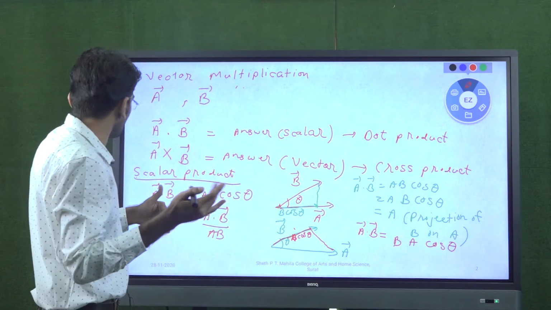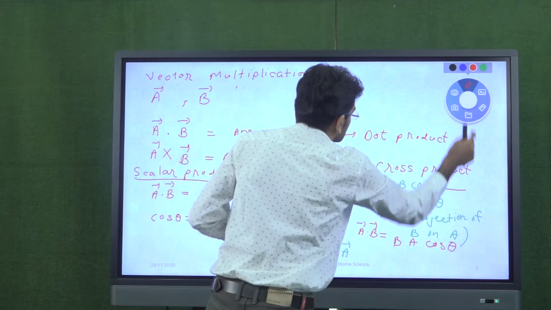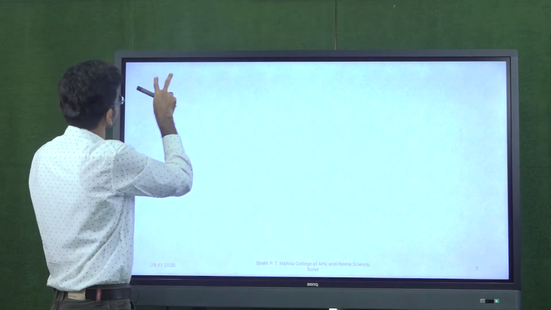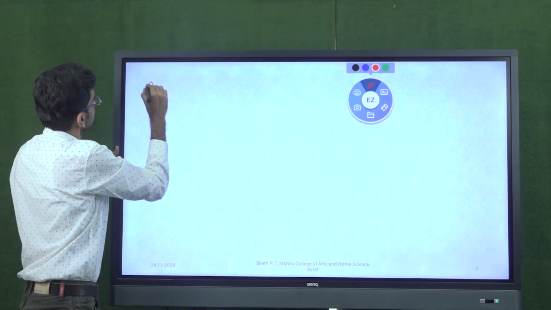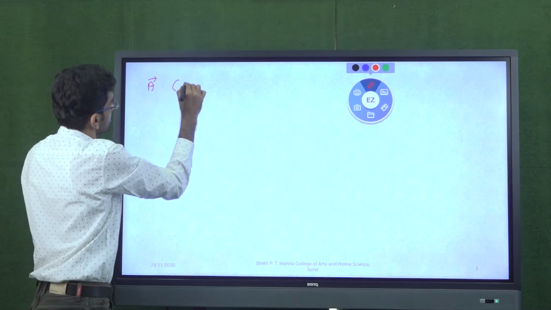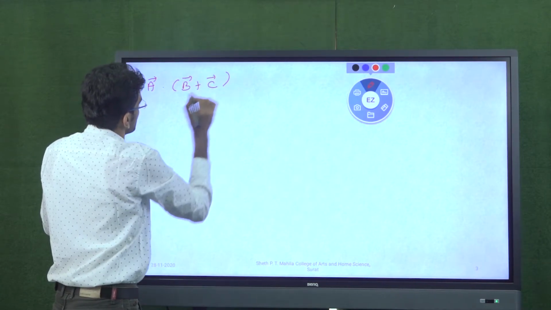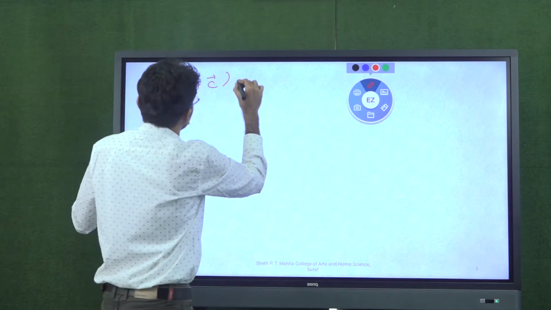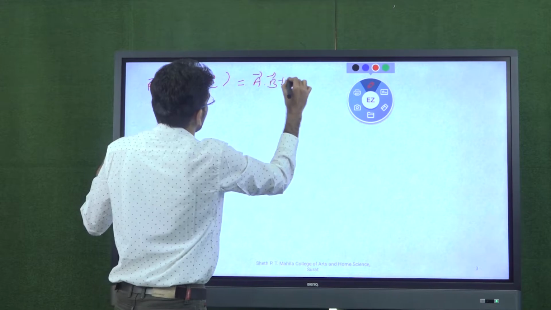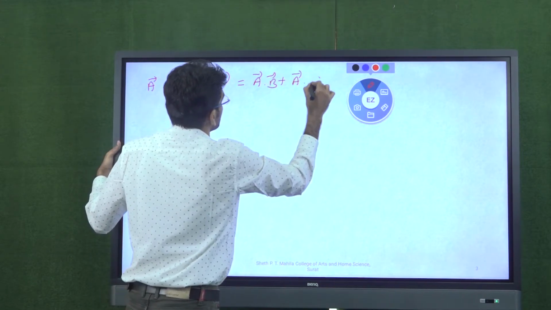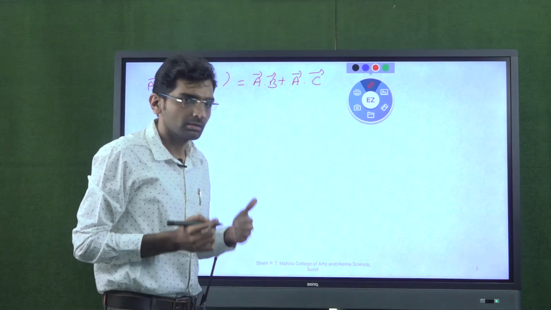Another property of your scalar product is A dot (B plus C). Then you will get A dot B plus A dot C, right? This is called the distributive law of vectors, right?